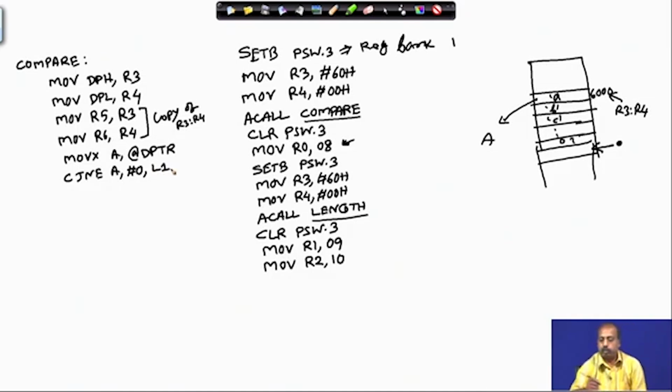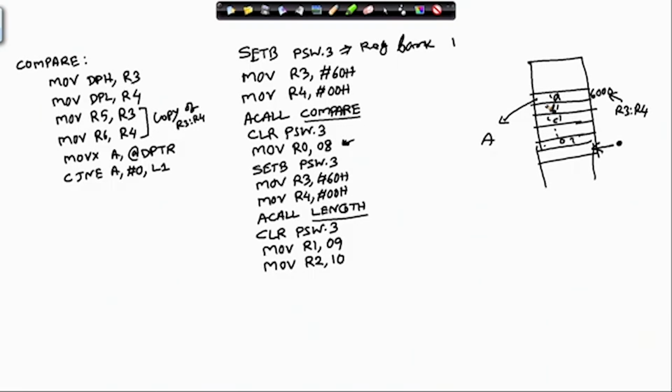If the value that I have got here is non-zero, then that is not the end of the first string. We are looking for the end of the string, and the character we have now is not the end of the first string. So we jump to label L1.